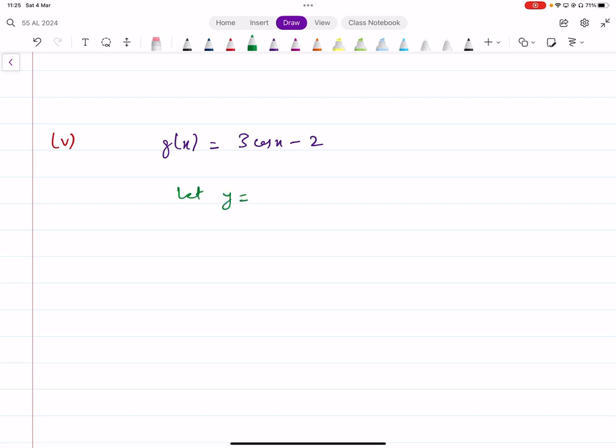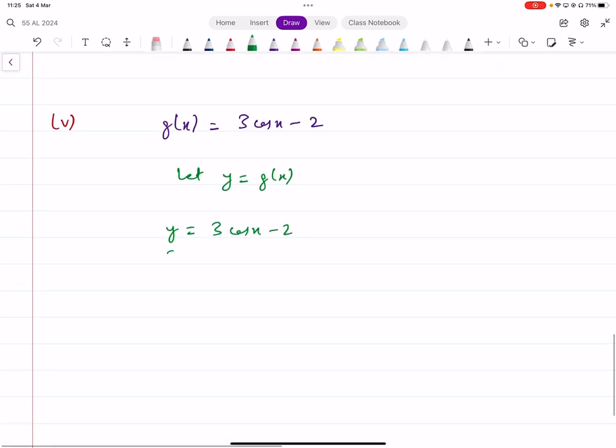We say let y equals g of x, and then y equals 3 cos x minus 2. Now you need to make x the subject. It becomes 3 cos x equals y plus 2. Cos of x equals y plus 2 over 3.